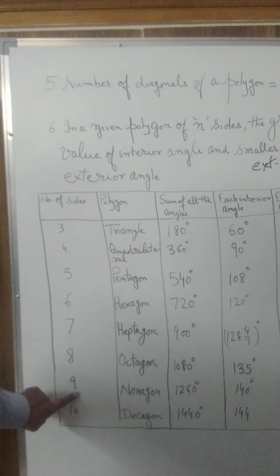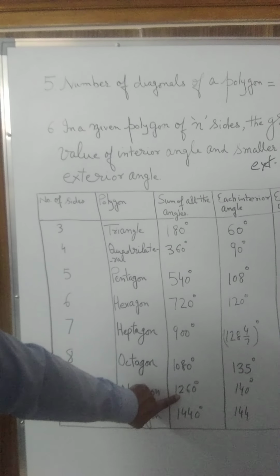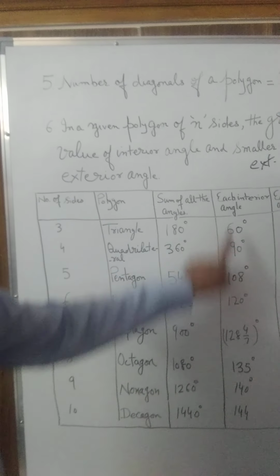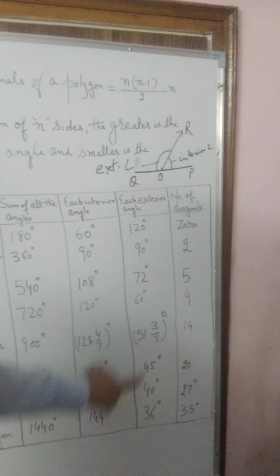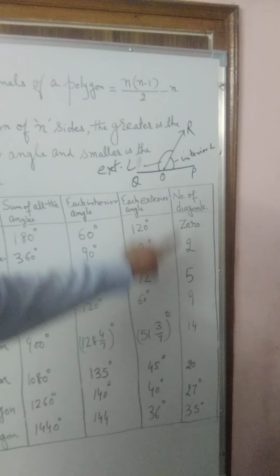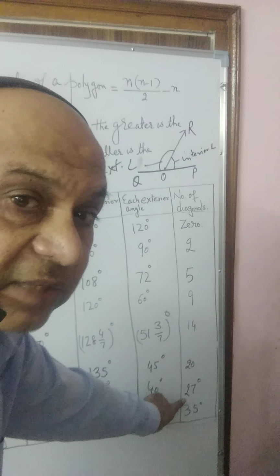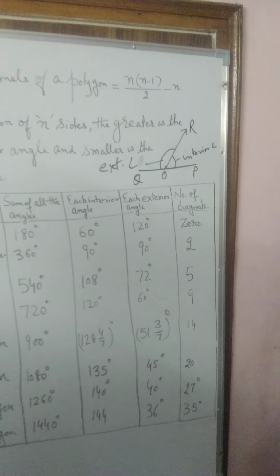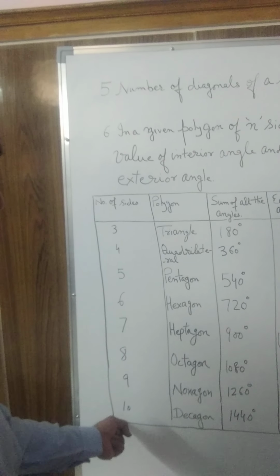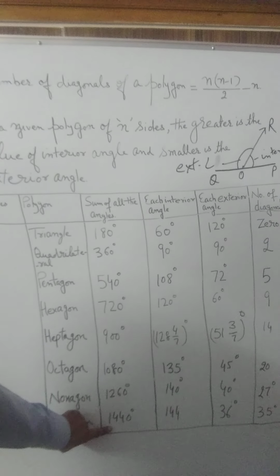Every nonagon has 9 sides. Its sum of angles is 1260 degrees, and each interior angle is 140 degrees, and each exterior angle is 40 degrees, and total number of diagonals it will have is 27. Finally, a decagon has 10 sides, and sum of all the angles is 1440 degrees.